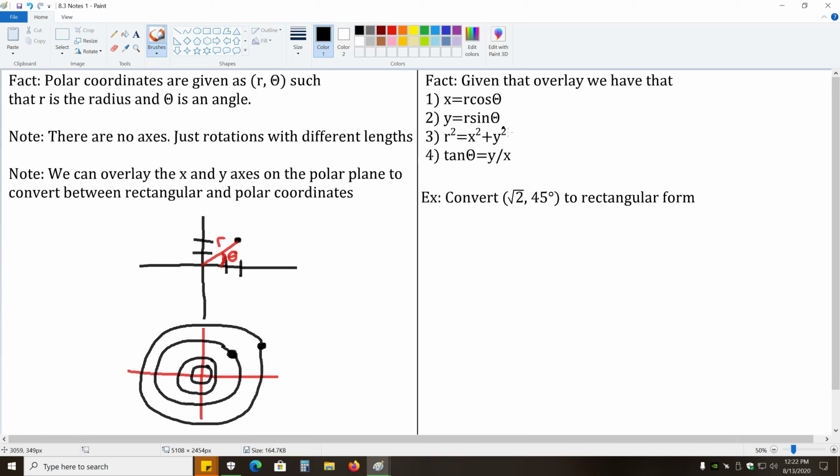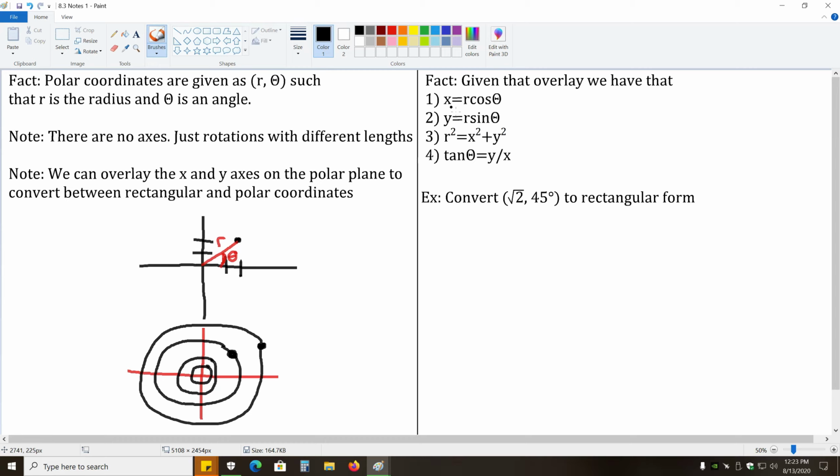Okay, so with that in mind, we have a fact for our formulas that says, given that overlay that we just wrote, we know that x is equal to r cosine theta. So remember, whenever we dealt with triangles, we said x equals cosine theta. But that was for the unit circle when the radius was equal to 1. So what happens when the radius is equal to 2 or 3 or 4? Well, you just take cosine theta and multiply it by 2 or 3 or 4.